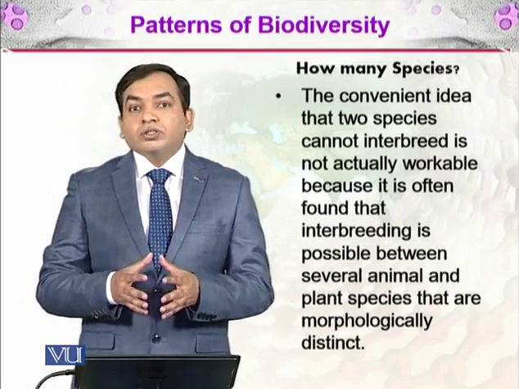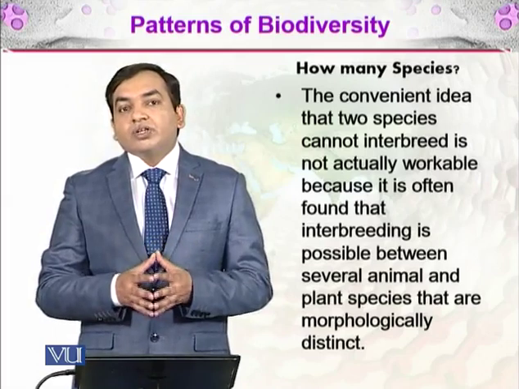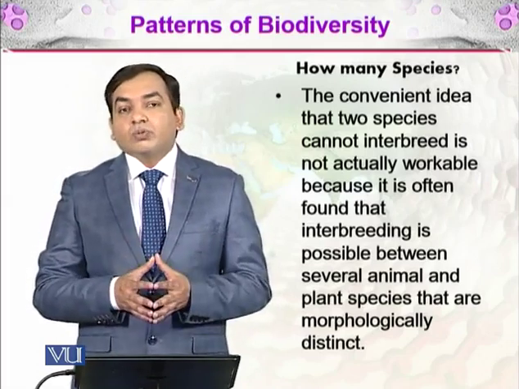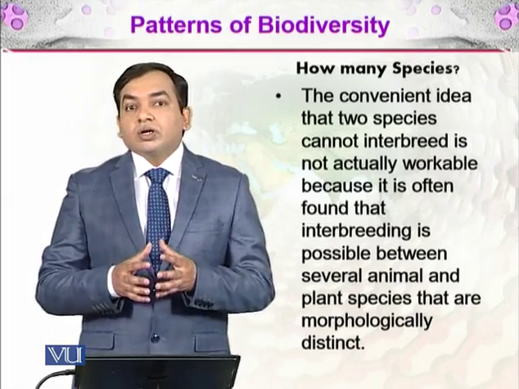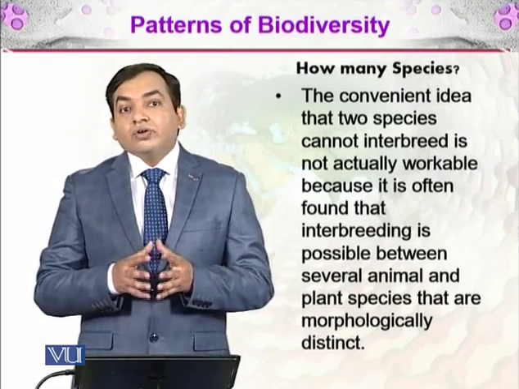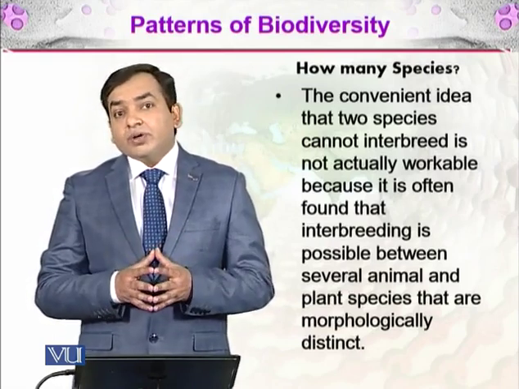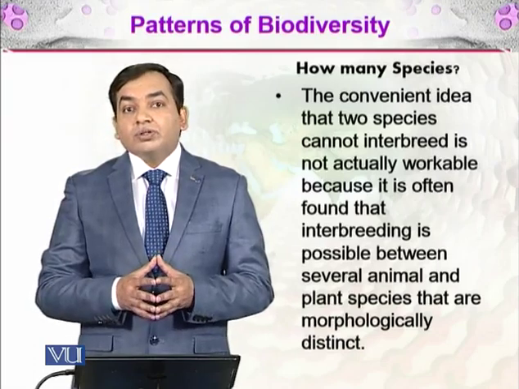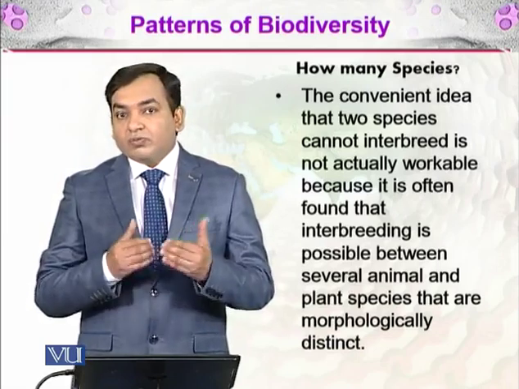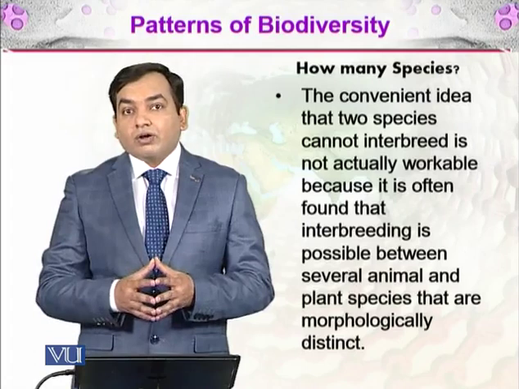So the common definition of species that we study in textbooks is that a species is a group of living organisms which are similar to each other and can interbreed and produce fertile offspring. But that can be true for many animals or plants which are not very similar, yet still can interbreed and produce fertile offspring.